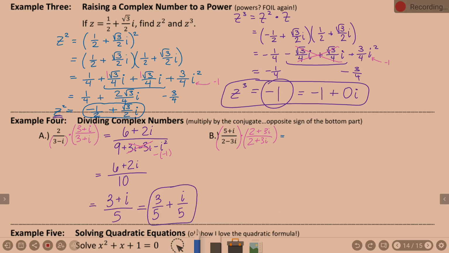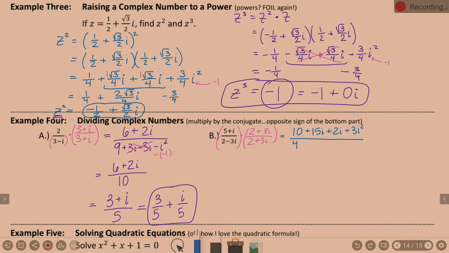Okay, on top, have you guys foiled this out? What's first? 10. Outsides, plus 15i. Insides, plus 2i. And last, 3i squared. Denominator, first, 4.